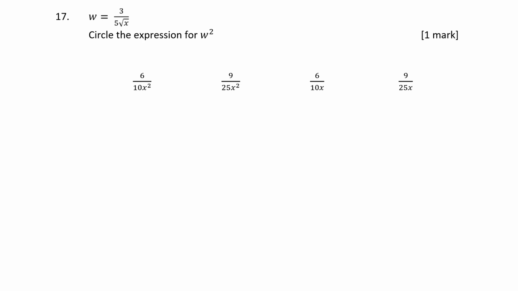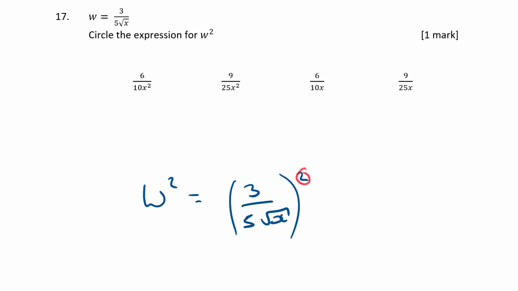Question 17. We're told that w equals 3 over 5 root x. Circle the expression for w squared. Well, w squared is going to be our 3 over 5 root x all squared. Now, when we've got an index on the outside of a bracket like this and a product or quotient inside, then every part is going to be squared.